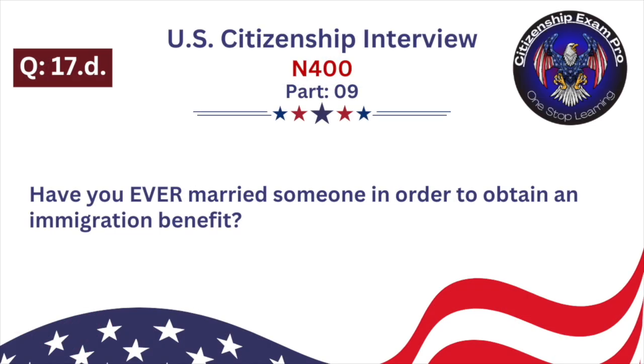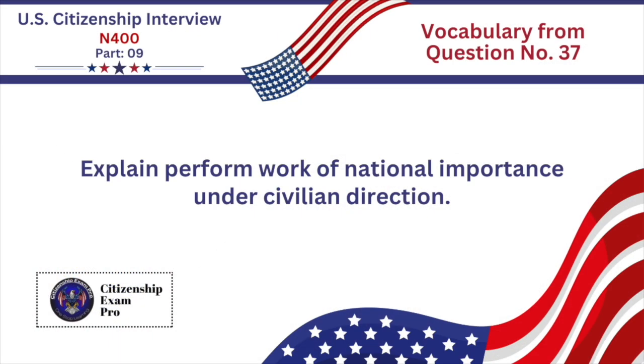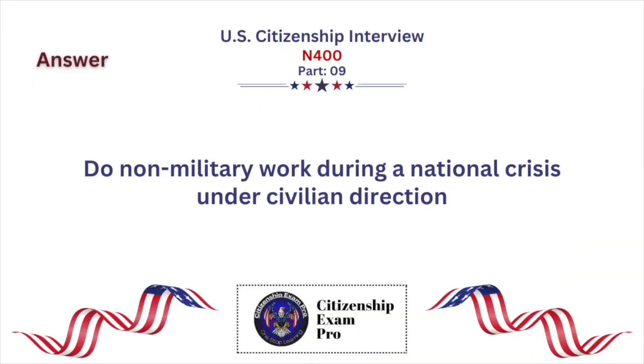Have you ever married someone in order to obtain an immigration benefit? No. Explain. Perform work of national importance under civilian direction. Do non-military work during a national crisis under civilian direction.